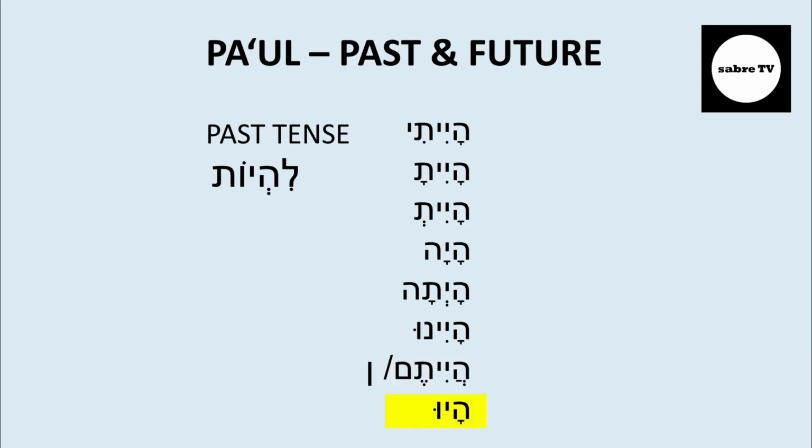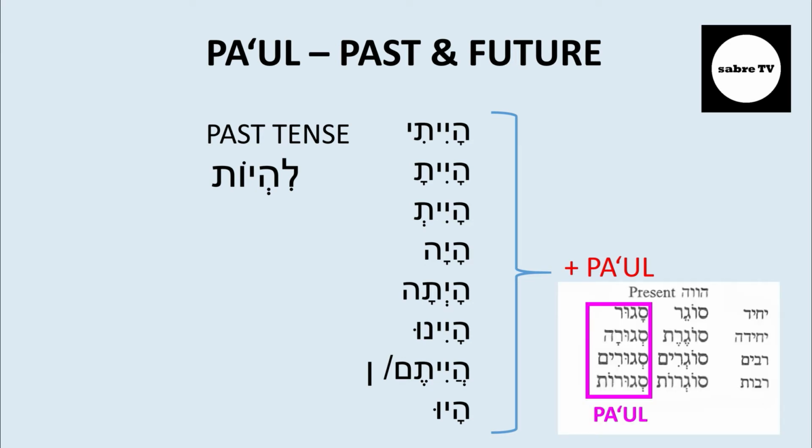Now, what are we interested in? We are interested in one of those plus Paul. This is how we get to the past participle in the past. So we take the past tense of להיות plus Paul, which is the one here, right?